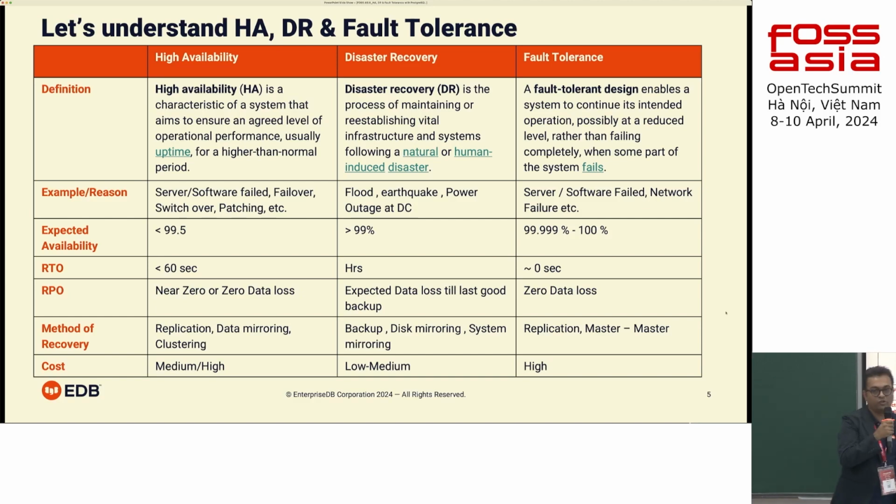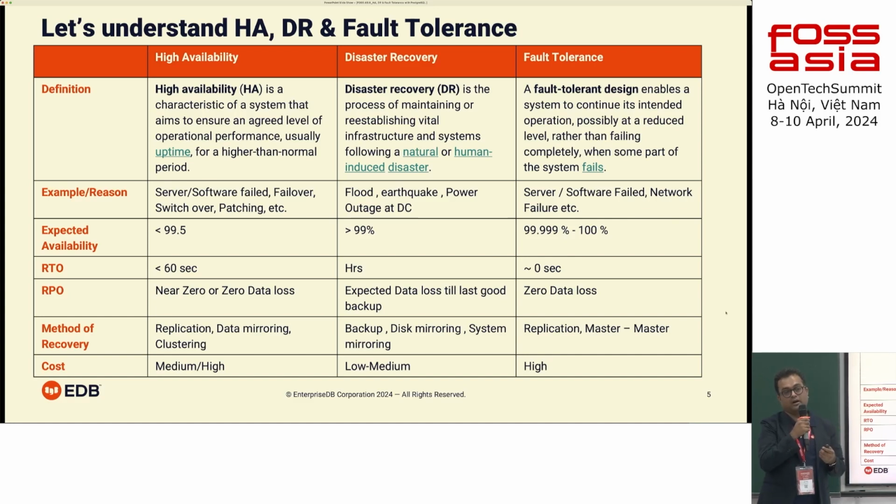Then you come to a fault tolerant kind of system, which is a mix and match of high availability and disaster recovery. But then why has not everybody gone to FT? There are different mechanisms to configure that. You of course need more investment, more servers to configure this kind of system.